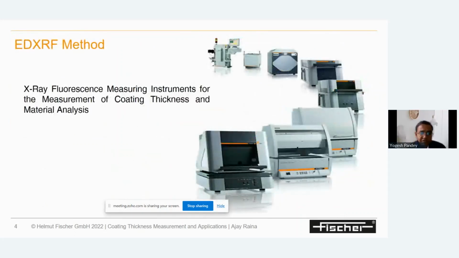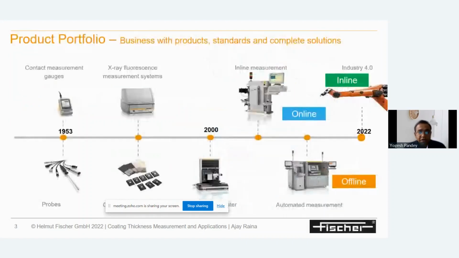As per today's topic, what we have invented from 1953 to 2022 is, I think, from handheld instruments up to inline measurement. So from the laboratory solution to your process line, we can give you all kinds of solutions.